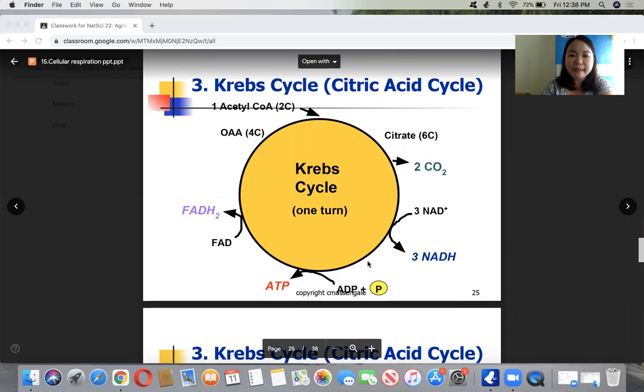So from this point, for example, the acetyl coenzyme A is converted to citrate, with a release of ATP and FADH.